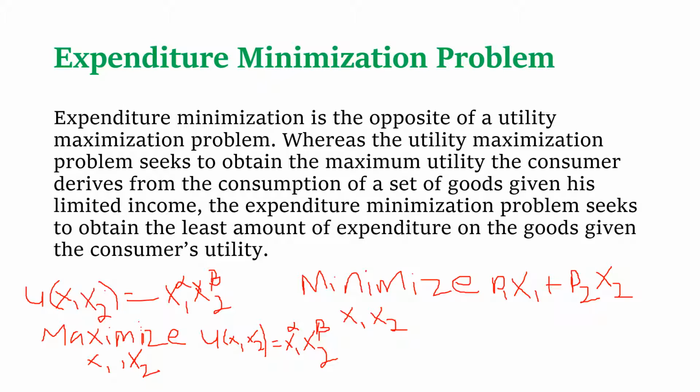Let's say, for example, I'm earning $10 a week, and I want to spend my $10 on 2 goods. I'm not going to spend all my $10 on 2 goods. I have to save some amount. So in that particular case, probably I'll spend like $8. So if I spend $8, it means that my expenditure on the 2 goods is less than what I earn per week.